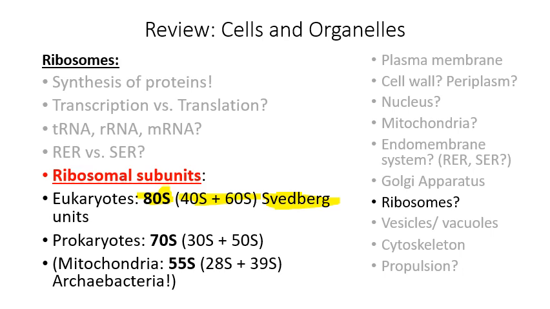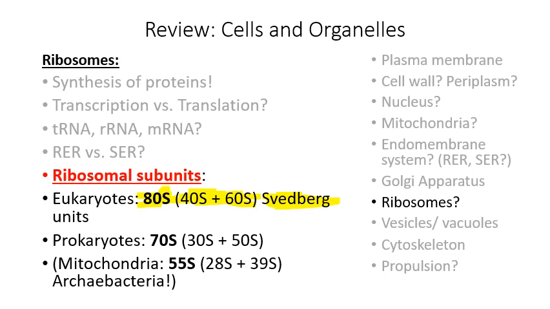So you notice that the 80S, a fairly large ribosome, is composed of a 40S subunit and a 60S subunit, and 40 and 60 do not add up to 80, they add up to 100. So why are we calling it an 80S ribosome? It's because the units are not additive.